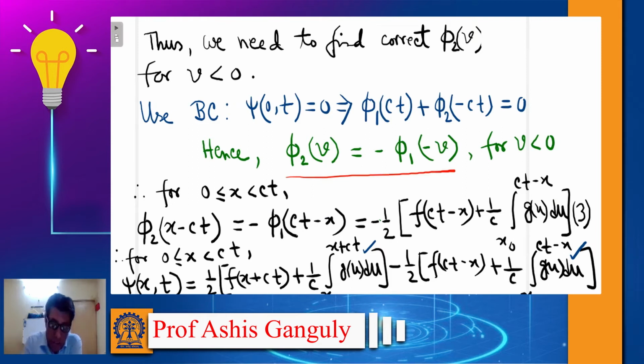So your solution will be, for 0 less than x less than ct, psi(x,t) equal to half f(x plus ct), okay, minus half f(ct minus x), sorry, half not required, I will take half outside.